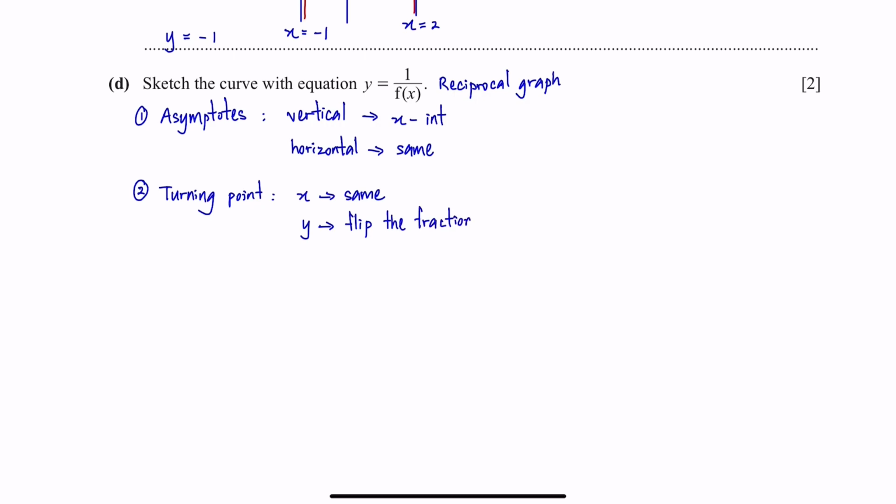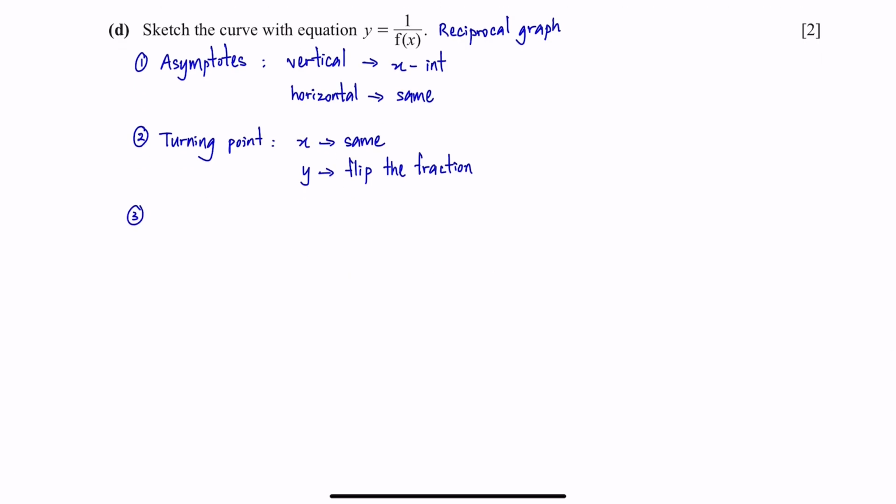So basically, let's say the turning point is at 1, 2, let's say. Then it would be transformed to 1 over 2. Okay?